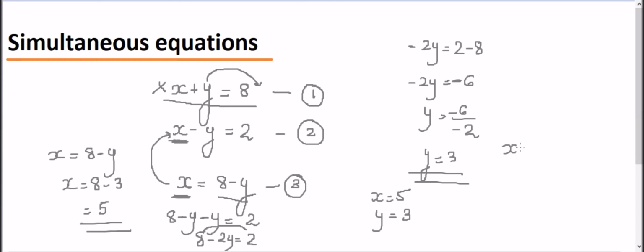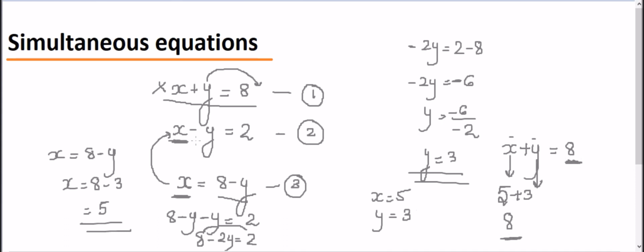It's x plus y equals 8, which means if I put the value of x and the value of y, it should give me 8. x is 5, so put 5 in place of x. y is 3, put 3 in place of y, it's giving me 8. 8 on the right hand side, 8 on the left hand side, which means yes, we are correct.